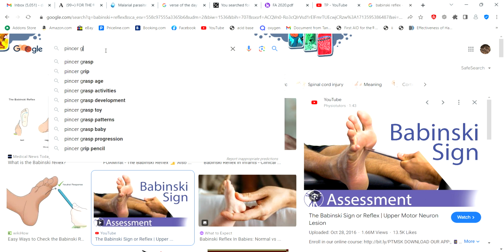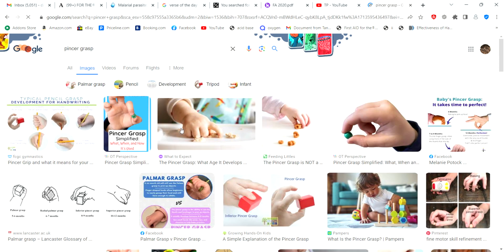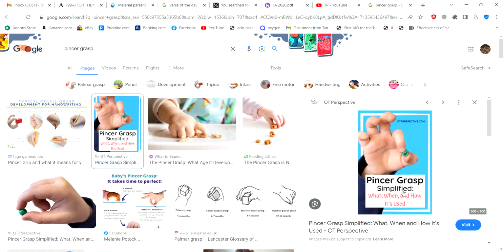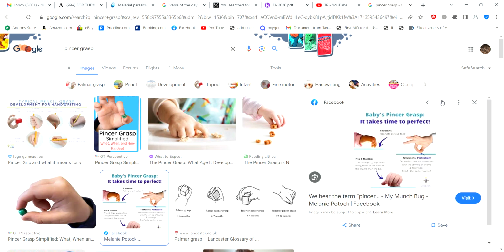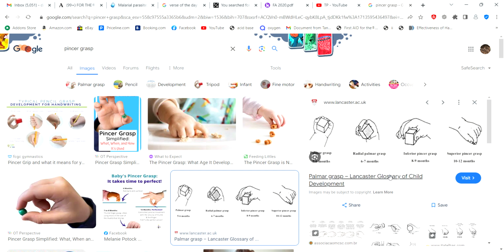Pincer grasp is this. See this? It's like you can finely grasp something. It's under fine motor skills. It's the ability to hold something between the thumb and the first finger.